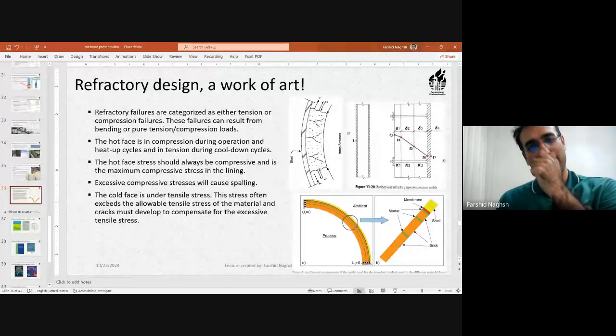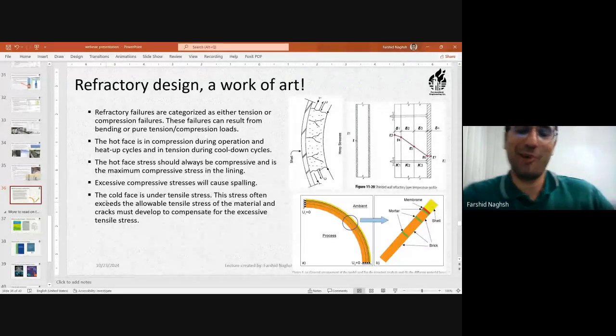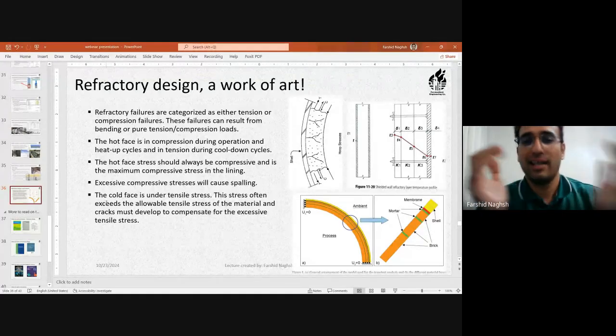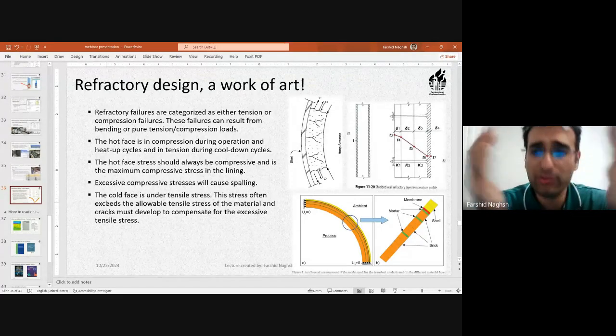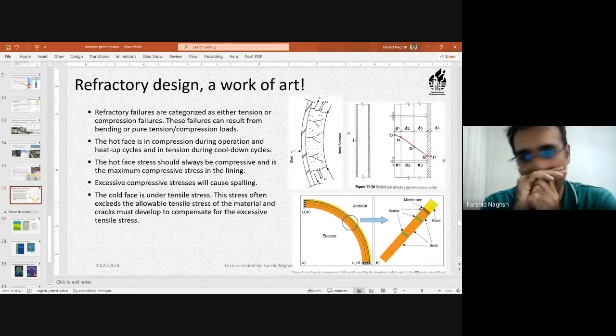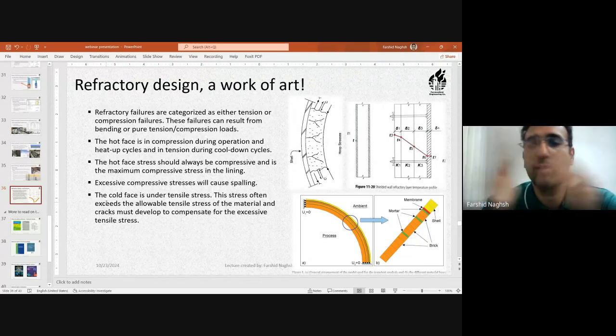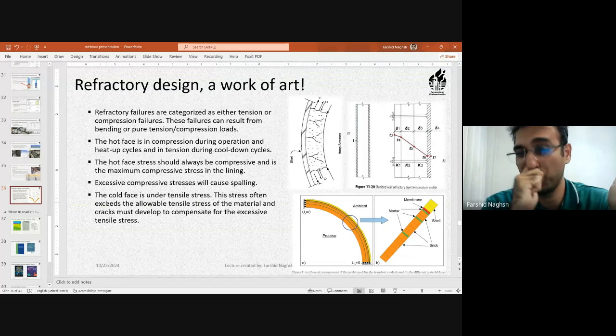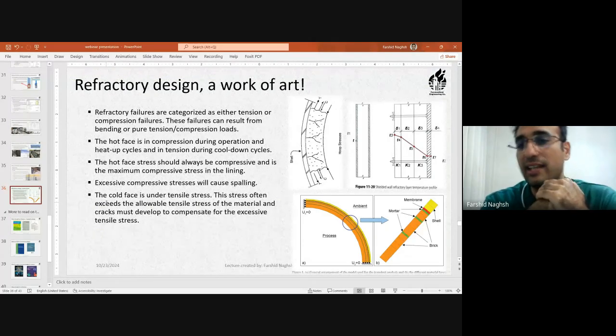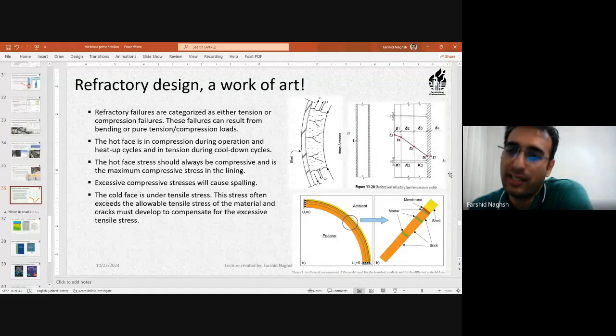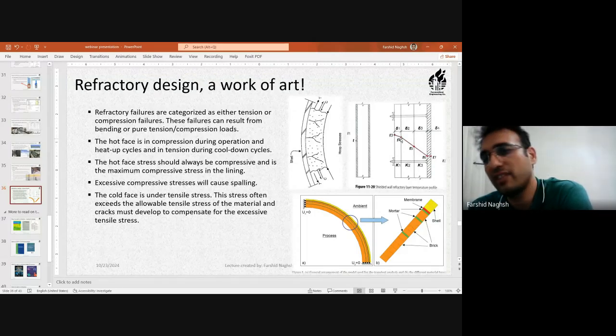and the last part, as I call it, a work of art. I want to talk about the thermal process of designing and choosing refractory layers inside the vessel. You see that I brought the upper right picture. You need to have the amount of loss, which is limited by API 560.